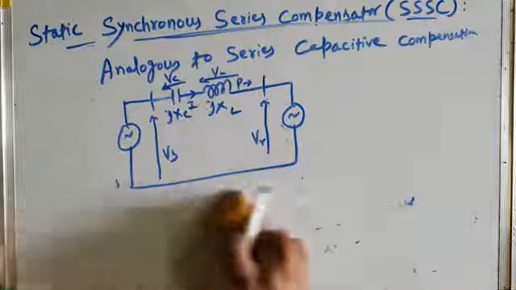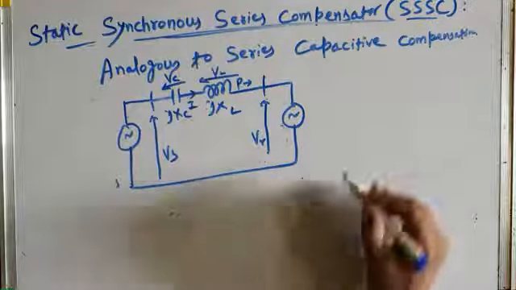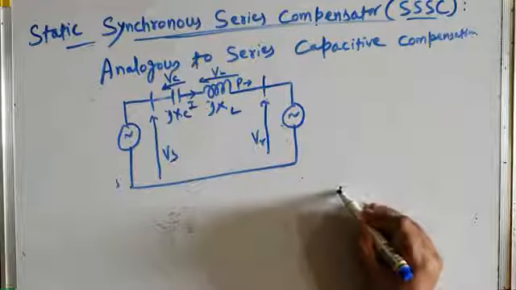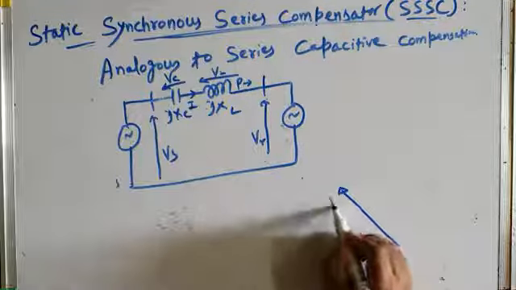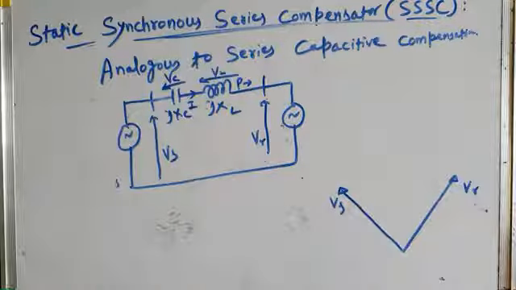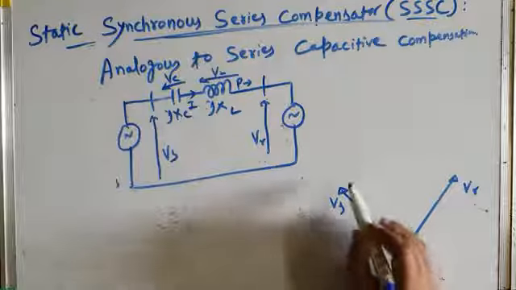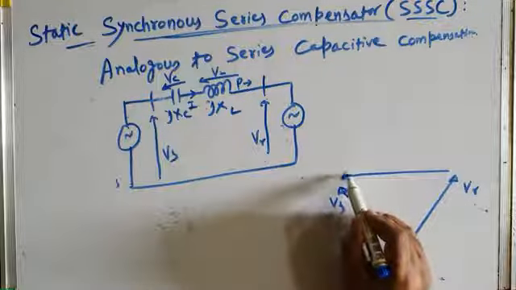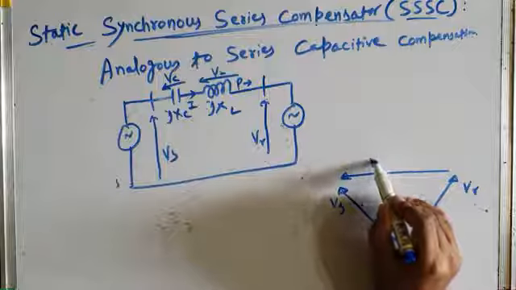The same thing can be explained with the help of a phasor diagram. For example, if you draw the phasor diagram, this is the sending end voltage Vs, this is the receiving end voltage Vr. Now, if compensation is not done, then the transmission line reactance voltage is VL.